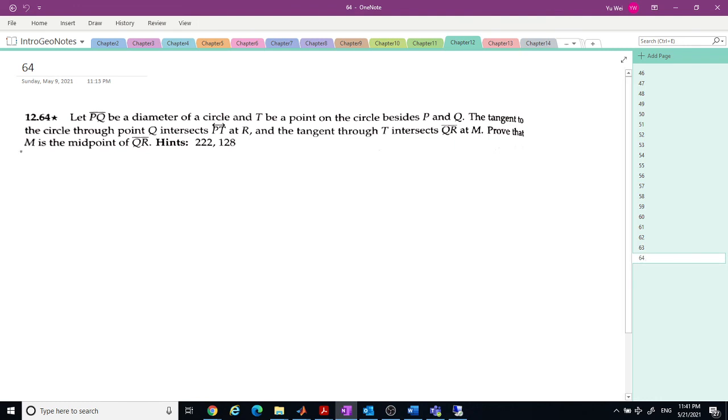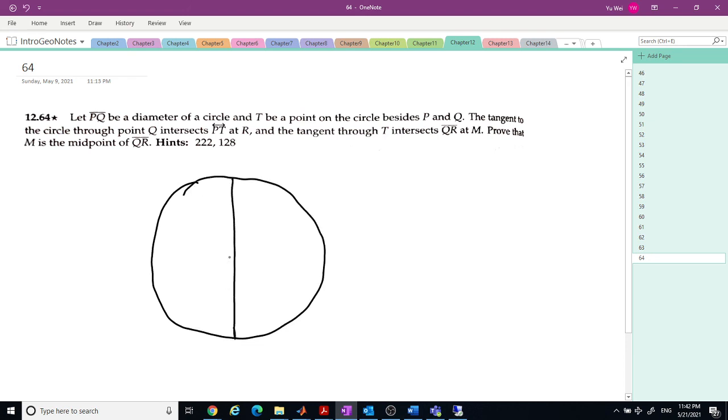Okay, so the final one is: PQ is a diameter of a circle and T is a point on the circle besides P and Q. Let's draw a circle, and this is O. PQ is the diameter of the circle, and T is another point here.